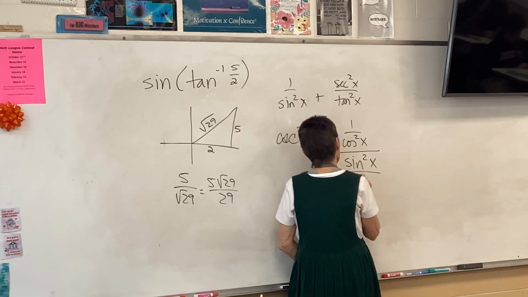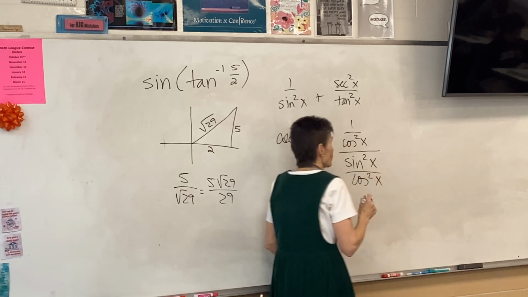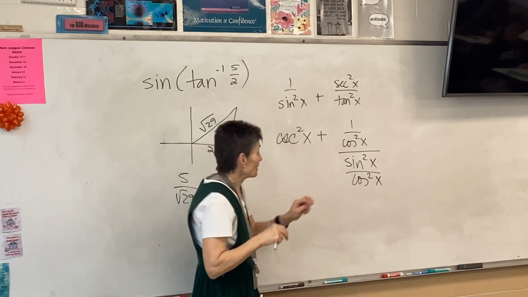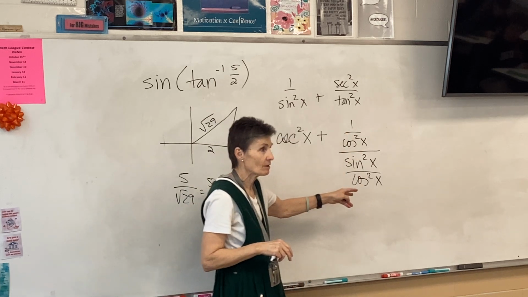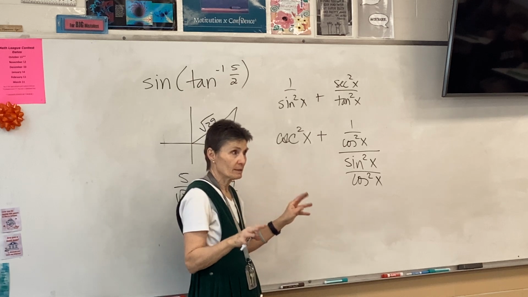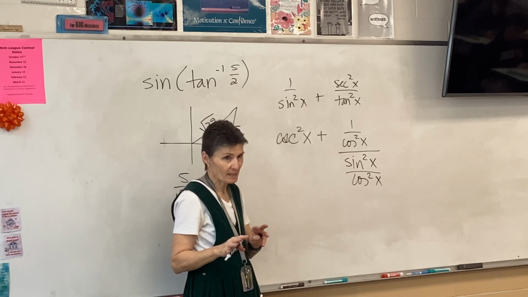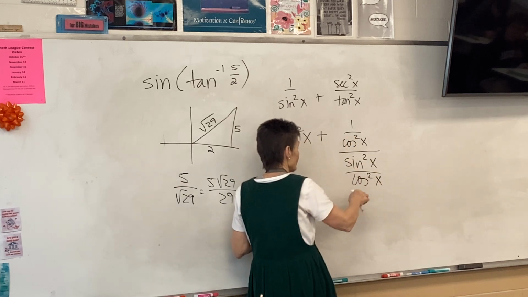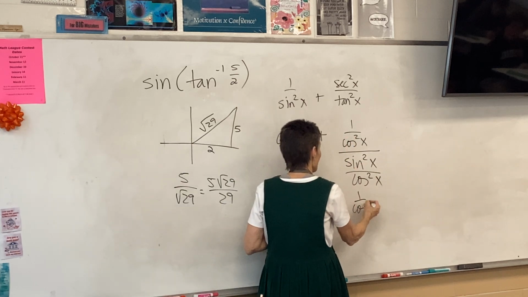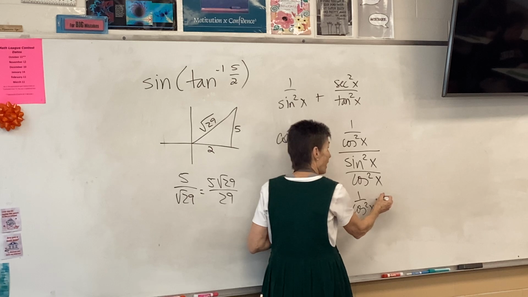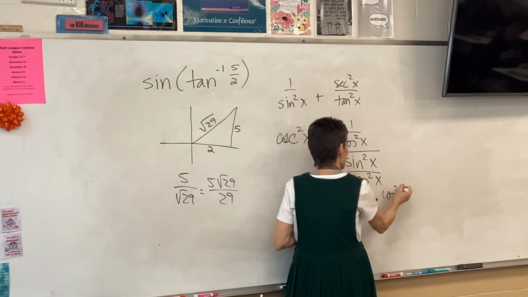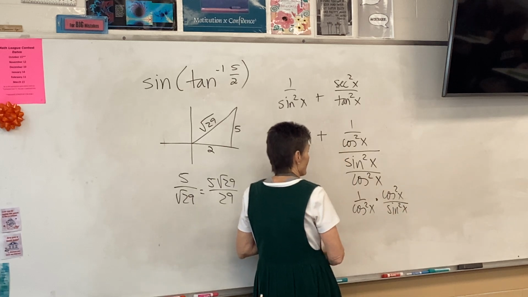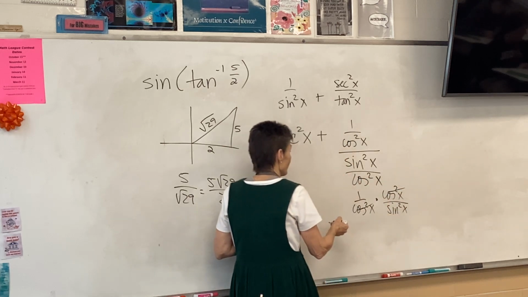Remember, my goal is to simplify. So if I can get like terms, I can cancel. If I throw a cotangent into the mix here, while it wouldn't be wrong, it isn't going to help me. You see what I'm saying? All right, now what do I do with this? You flip it. That's 1 over cosine squared times cosine squared over sine squared. And then you can cross off cosine squared.